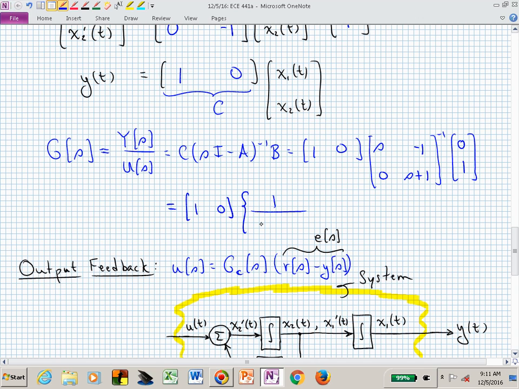And the determinant of a 2 by 2 is pretty easy. That's the product of the diagonals minus the product of the off diagonals. Then we multiply it by the cofactor matrix transposed, which really just exchanges the diagonals and negates the signs of the off diagonals, and multiply by B.